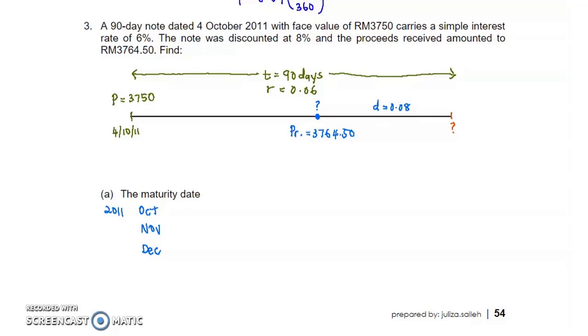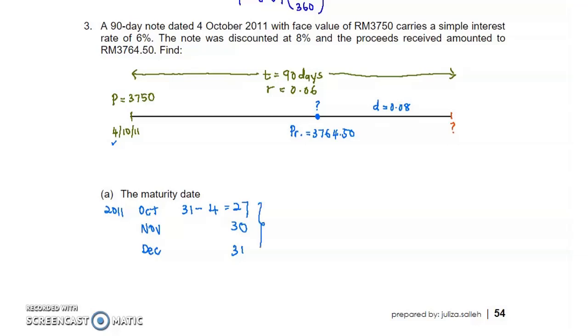October we have 31 days minus the date of note, 4th October, so minus 4 days, will be another 27 days left in October. November we have 30 days, and then December 31 days. If we calculate, 30, 61, 61 plus 27 is 88.